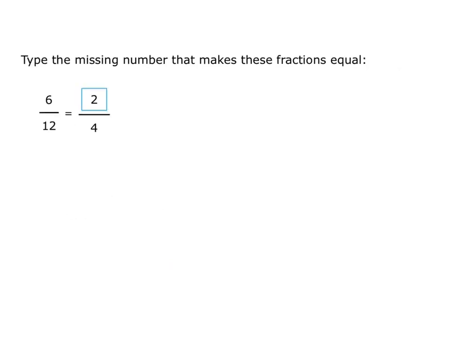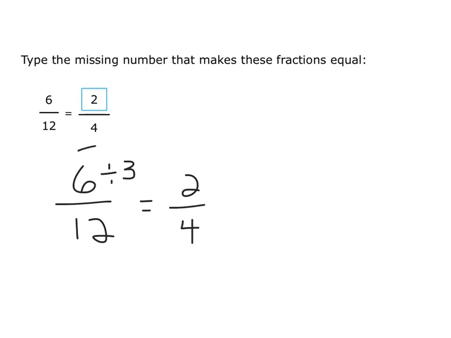In this example, I'm looking at a way we can divide to show an equivalent fraction. So I've given you the answer. 6/12 is equivalent to 2/4. To show the division, we're going to do 6 divided by 3 would give you the new numerator 2, and 12 divided by 3 would give you the new denominator of 4.